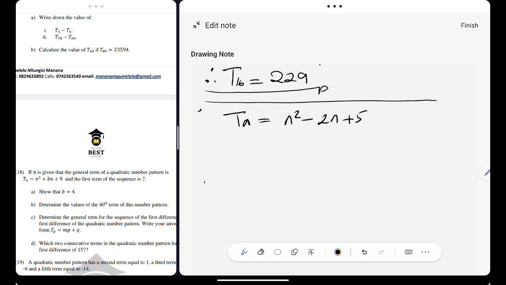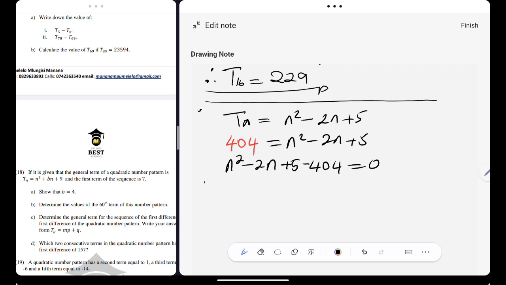Since I'm given the last term, I'll just substitute it here: 404, and then solve for n. n squared minus 2n plus 5 minus 404 is equal to 0. So I'll have n squared minus 2n minus 399 is equal to 0.